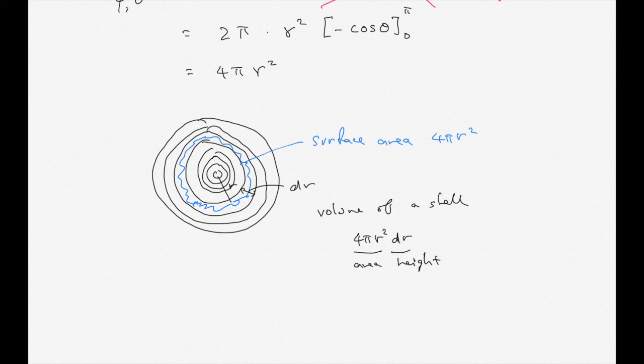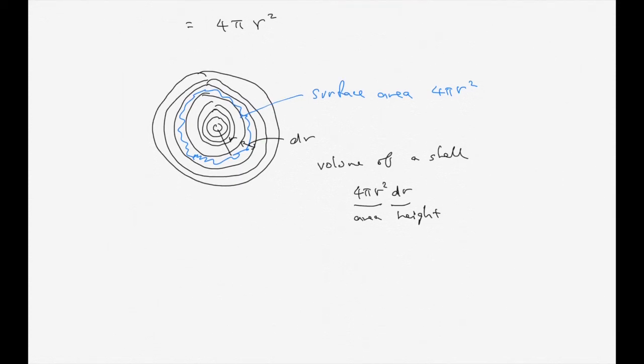So to find the solid sphere, you should integrate from 0 to the radius of the solid sphere, 0 to R. 4 pi r squared dr comes from this small volume.